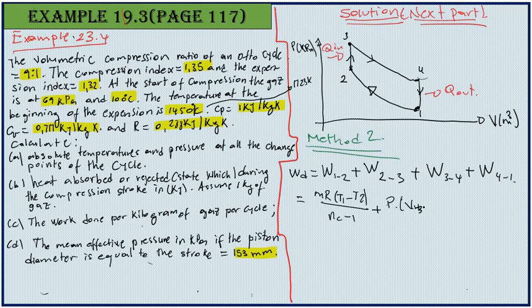So we have V3 minus V2, but since V3 is the same as V2, they cancel out. So you get 0 here. 0 multiplied by the pressure, you still get 0. So that's the reason why the work done of the isochoric process is 0. Even if you check in the formula, you're going to realize that for this process the work done is 0.